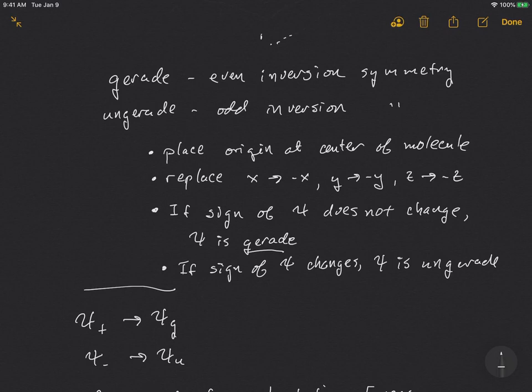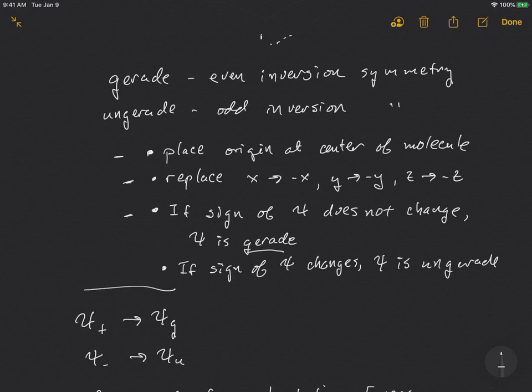And the basic scheme for deciding whether or not a wave function is gerade or ungerade is we place the origin at the center of the molecule. We replace x with minus x, y with minus y, and z with minus z. And then we look at the wave function. Does the sign of the wave function change?